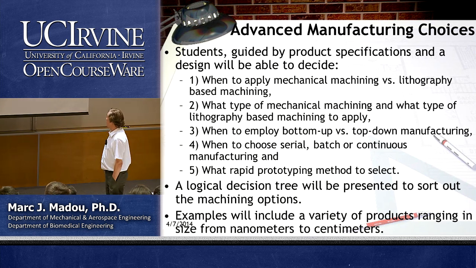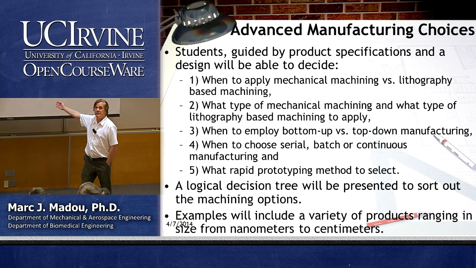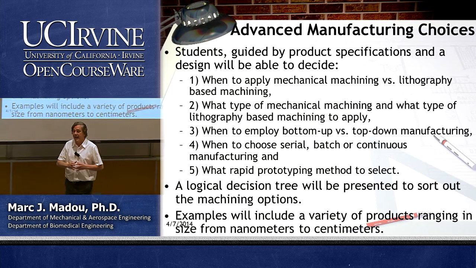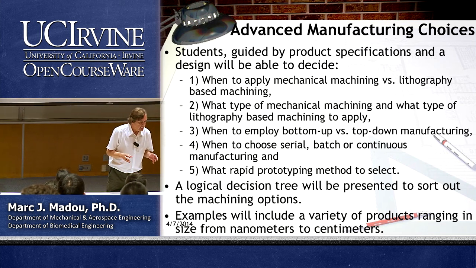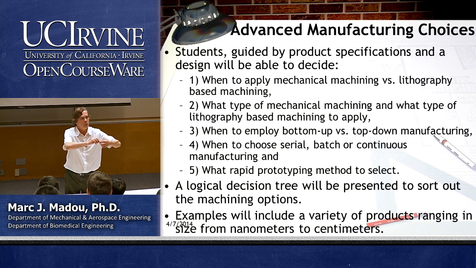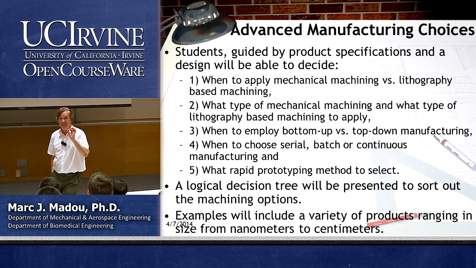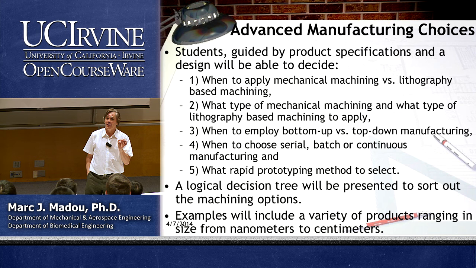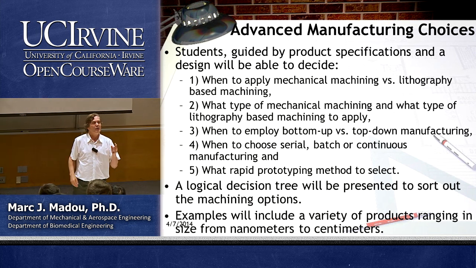And examples will include a variety of products ranging in size from nanometers to centimeters. Actually, even bigger than centimeters. There's a wide range of objects one can manufacture. By the way, I need to tell you a little bit about that. Nature is much better at manufacturing over a much wider length scale. If you look at a tree and the sizes of objects that you find on a tree, you go from literally molecules to 15 meters for a tall tree. Think about human manufacturing.